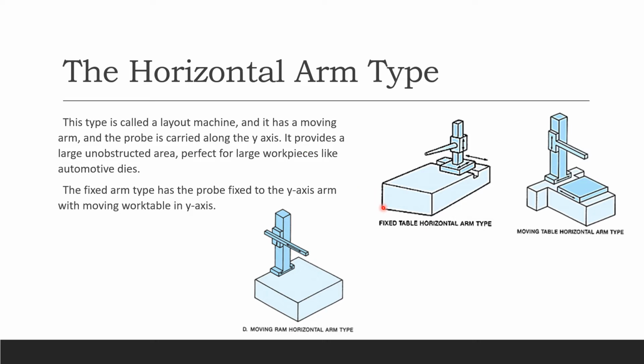And the fixed arm type has this one right here, a probe fixed to the y-axis with a moving work table. So here, this one is your x, that's your horizontal, and this is your y right here, and then this is your z. This type again, the probe is carried along the y-axis, going that way.